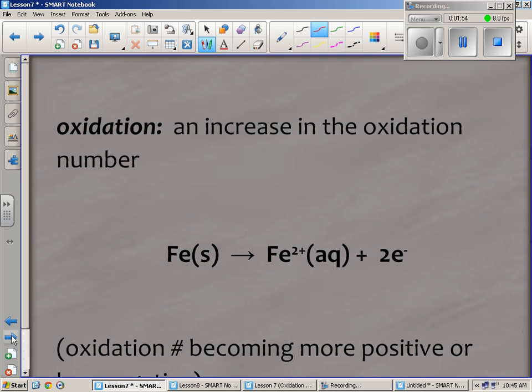We talked about identifying redox reactions. In this case, the oxidation number is going from 0 to 2 plus, so we know that is being oxidized. You're going up in numbers, from 0 to 2 plus, that's oxidation, and that is your reducing agent because it's being oxidized.